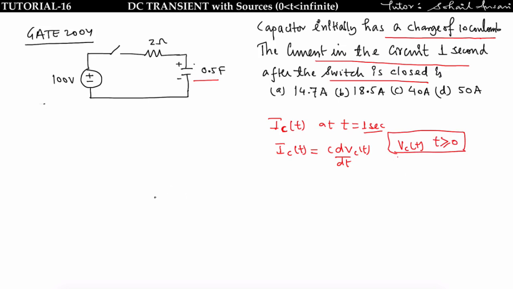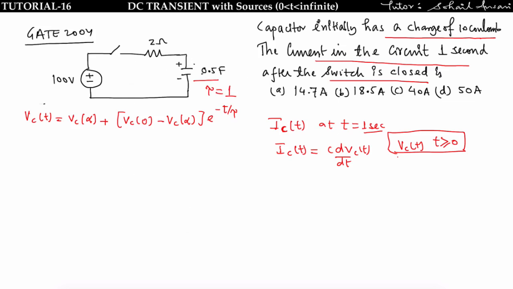We know that Vc of t is equal to Vc of infinite plus Vc of 0 minus Vc of infinite, times e to the power minus t upon tau, where tau is the time constant, given by R multiplied by C. Here R is 2 ohm and C is 0.5, so tau is equal to 1. Now find Vc of 0.